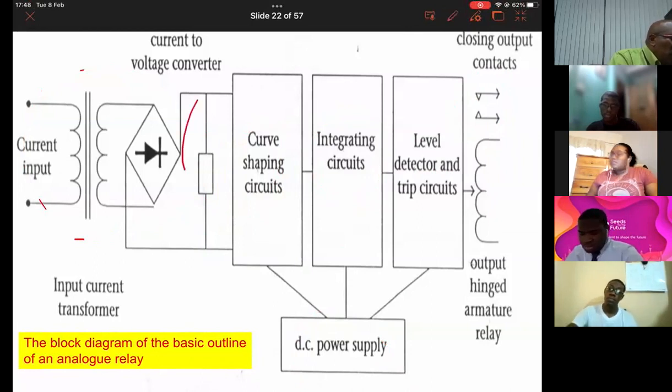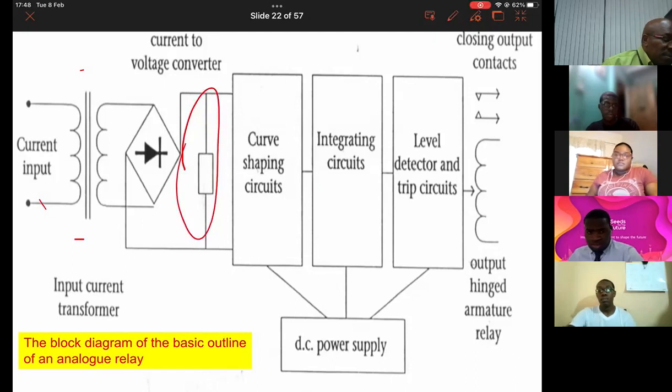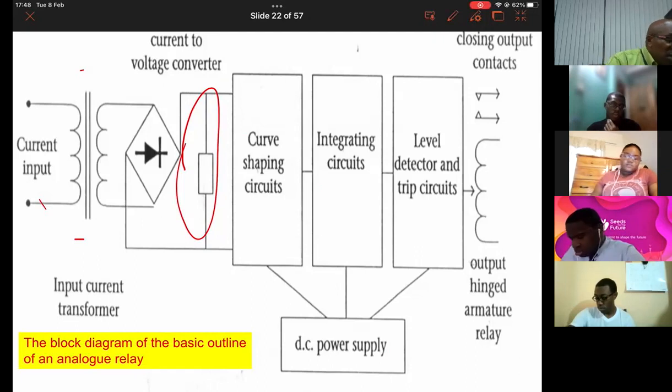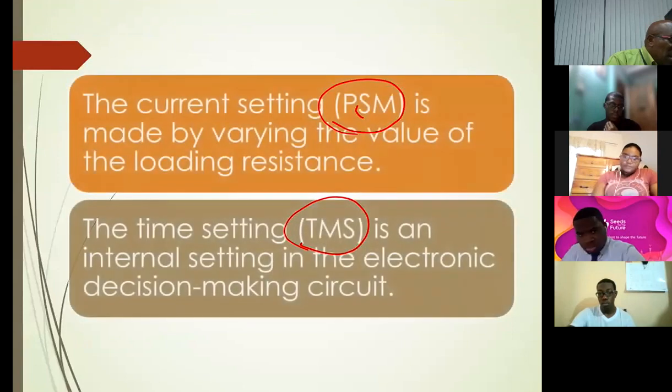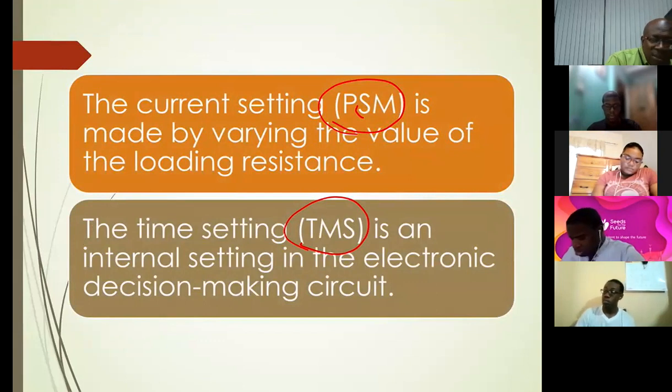So your plug setting will be based on that. That's what we would adjust for your analog. And for your time setting, it's internal in terms of the decision-making circuit.